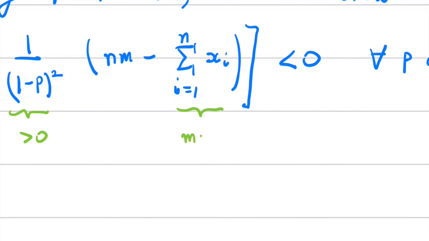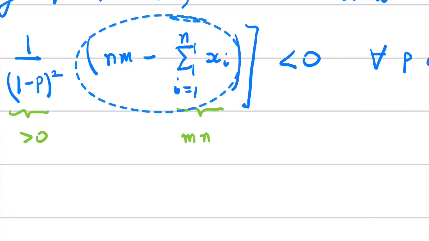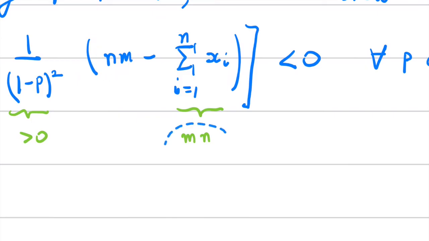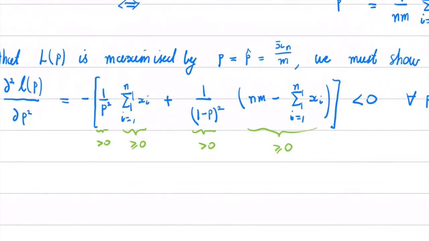So this sum of xi's has at maximum a value of m times n, which means this expression here, n times m minus the sum of xi's, at minimum, together this whole expression has to be at least greater than or equal to 0. And so putting that all together, everything here has to be at least greater than or equal to 0.